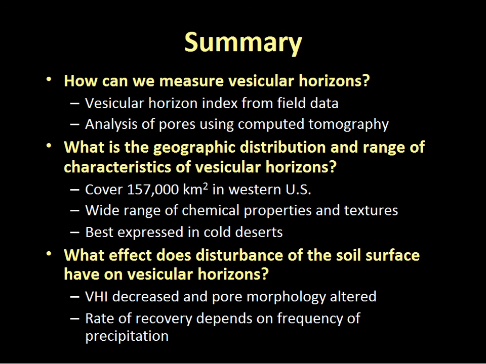The closest comment I could have is that when I looked at the relationship between precipitation and recovery of the vesicular horizon following disturbance, when I looked at the data as number of events, there is a much stronger relationship than when I looked at the data simply as depth of precipitation. So that would seem to imply that there's not a really strong relationship to wetting front depth, but I can't think of any other specific study that's addressed that.